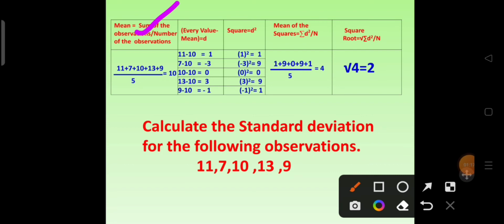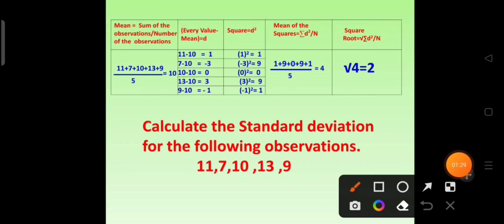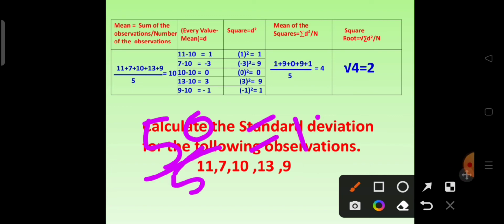Here in this problem 5 observations are given, 11, 7, 10, 13 and 9, and the sum of these observations is 50. If we divide this 50 by 5 we get 10. So the mean of these observations is 10.